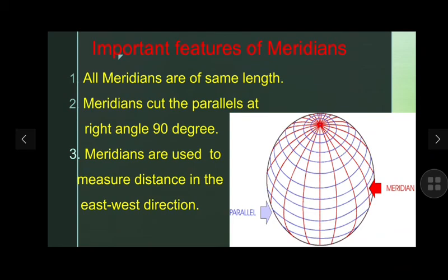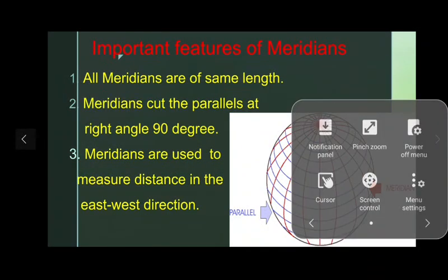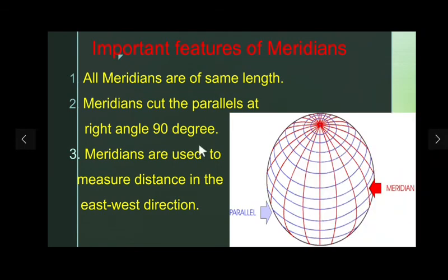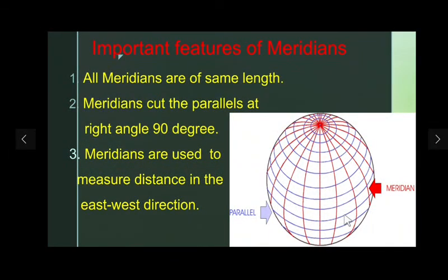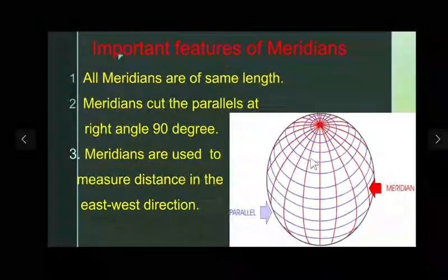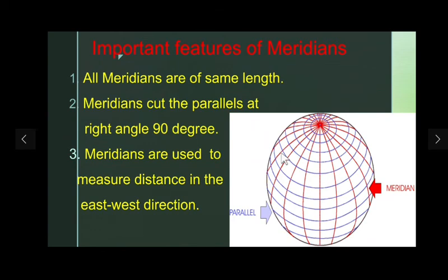You see here two lines. One line is a parallel. This blue line indicates a parallel as it is a horizontal line, and the red line indicates the meridian. So meridian cuts the parallel at a right angle, 90 degrees.